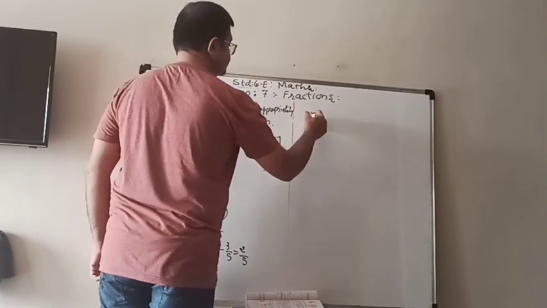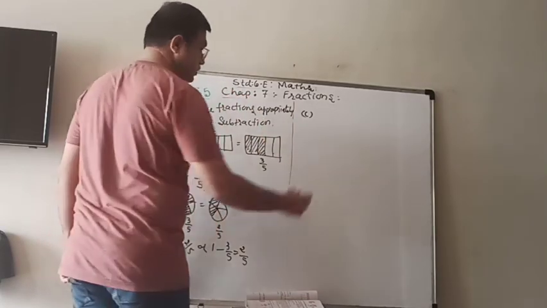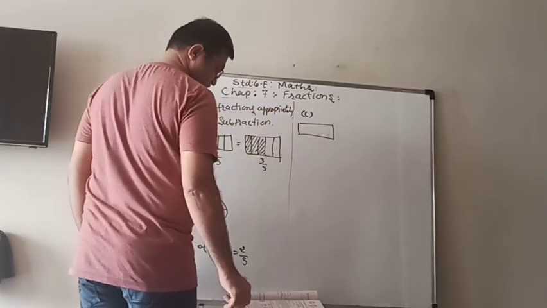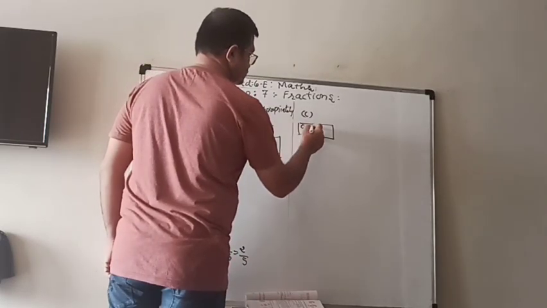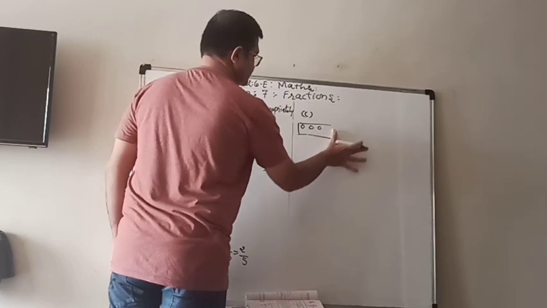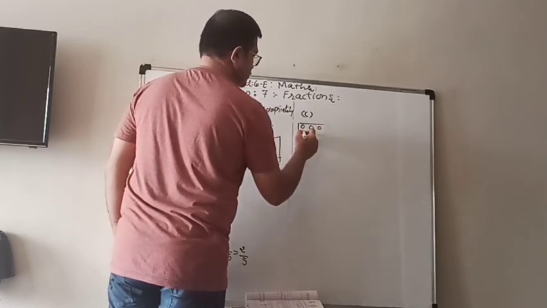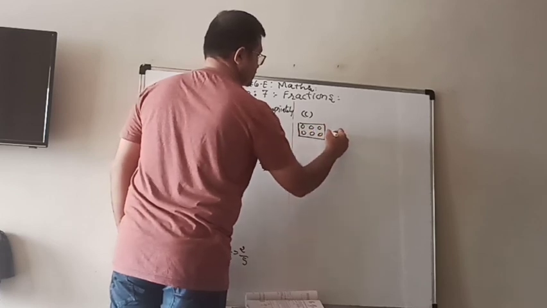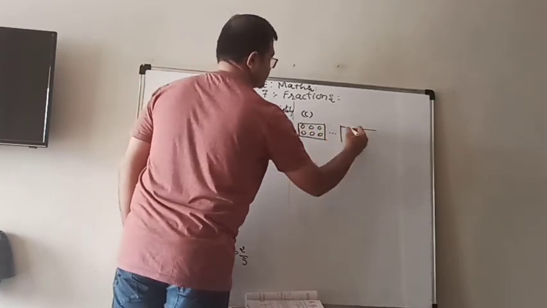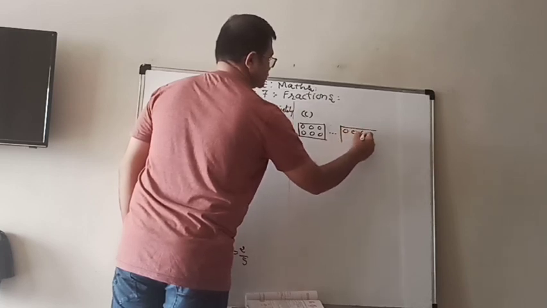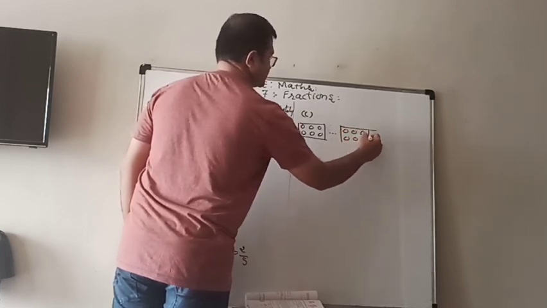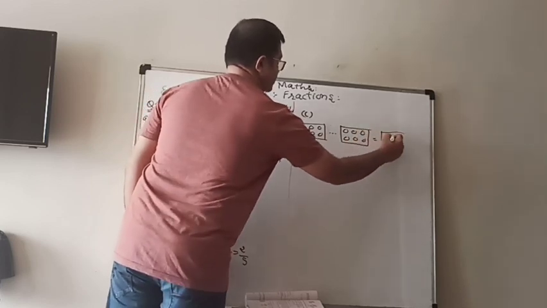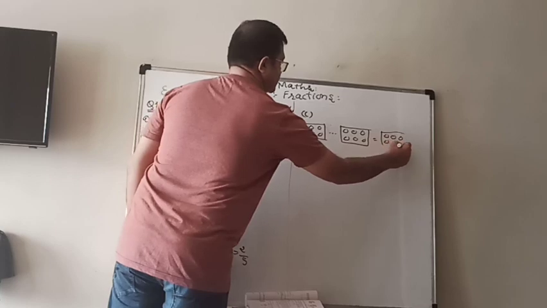Let's take the C, third one, in which also 6 circles are done. 1, 2, 3, 4, 5 and 6. Similarly, 1, 2, 3, 4, 5, 6 and equals 1, 2, 3, 4, 5, 6 circles.